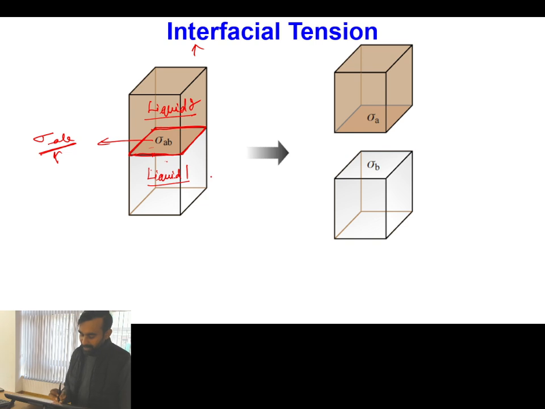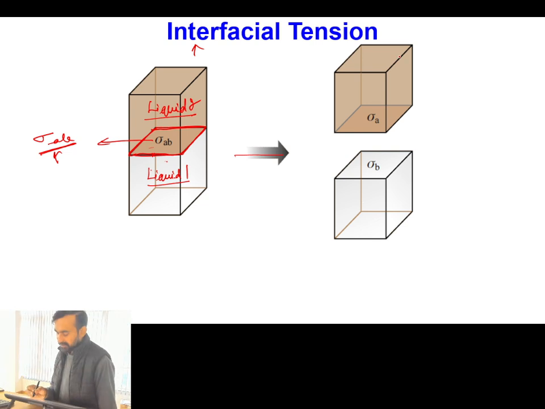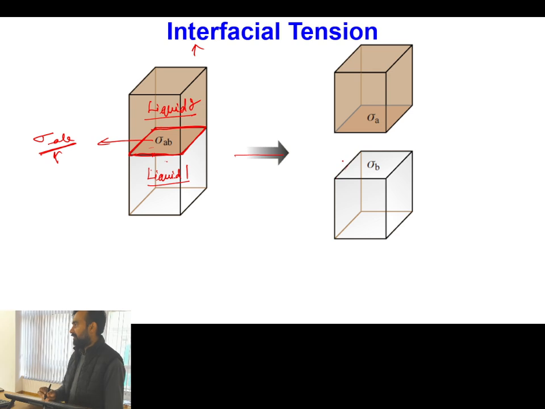Now if I add a certain amount of energy to break this interface into two parts, what will I get? I will get one interface of A type of fluid which is exposed to air, and one interface of the same area of some other type of fluid B which is again exposed to air.